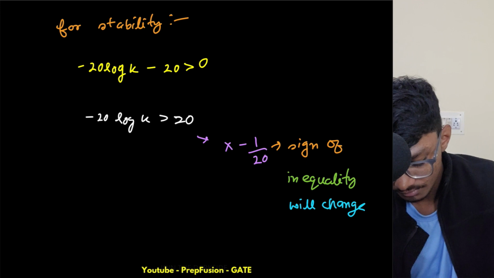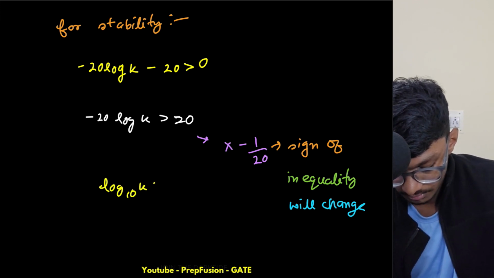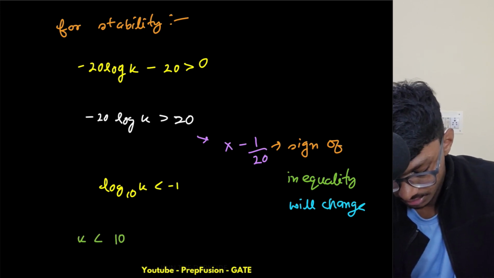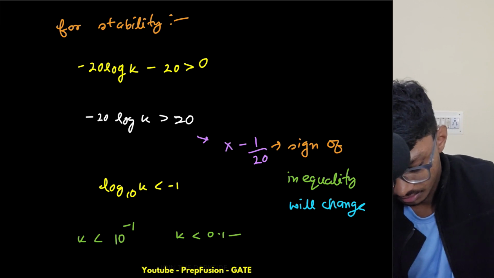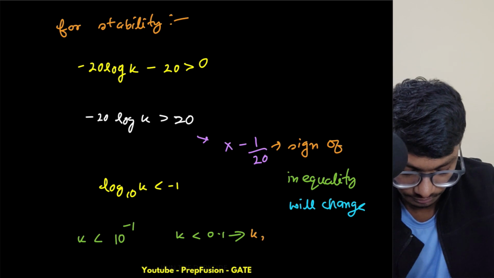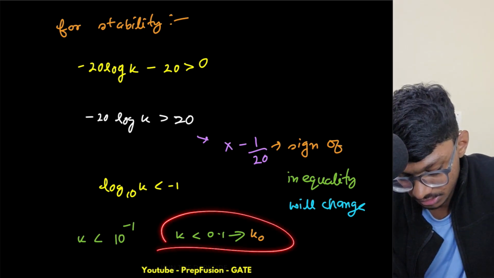Obviously this will become log of k less than minus 1, because we're multiplying by something negative, so the sign of inequality changes here. So k should be less than or equal to 10 raised to power minus 1, so k should be less than or equal to 0.1. This is equal to my k naught, this is my answer. So this is how you can do it.